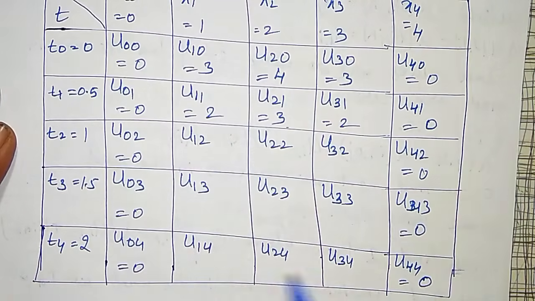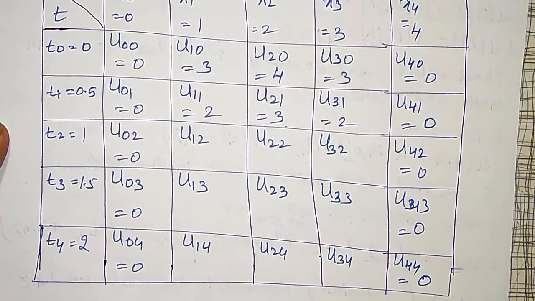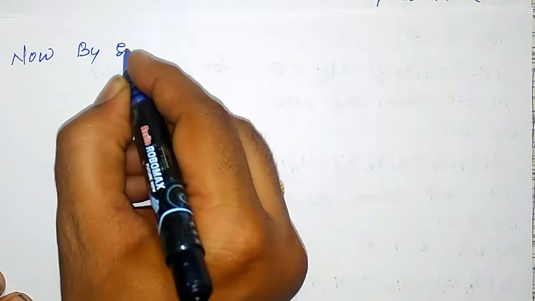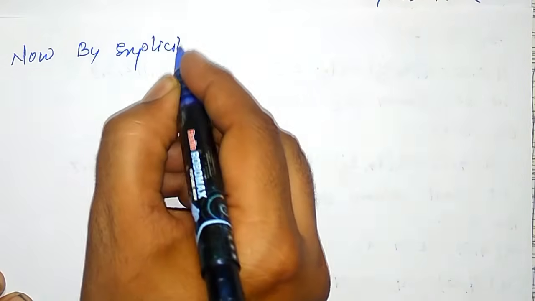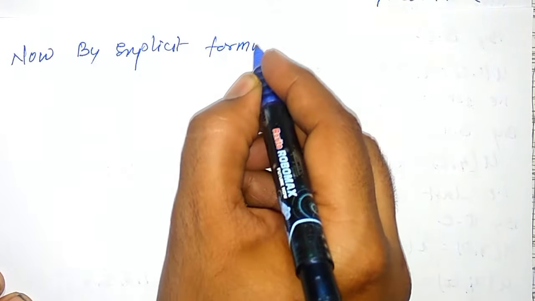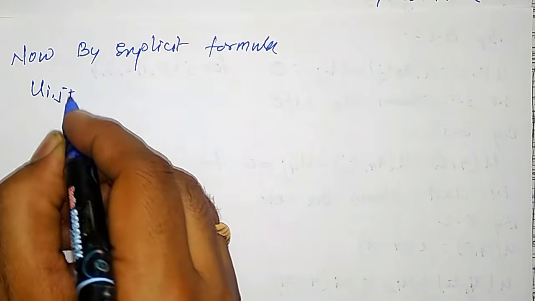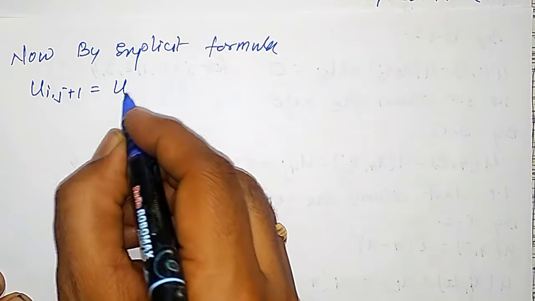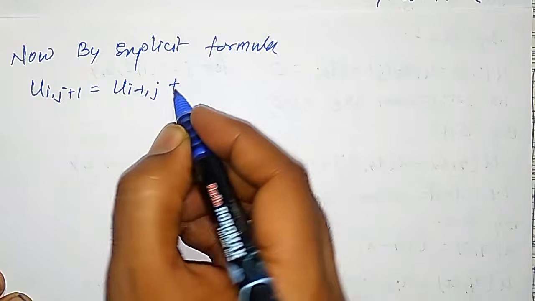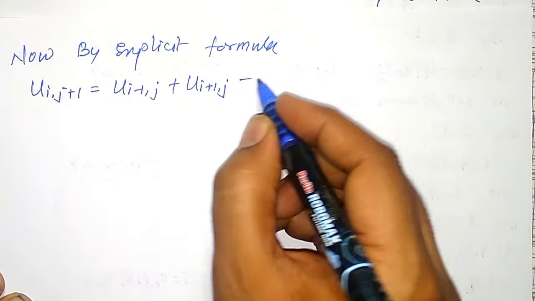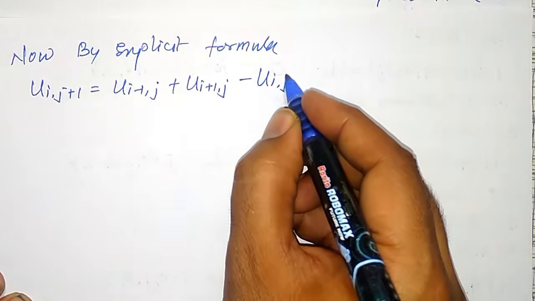Then to find out the remaining 9 elements I will use the explicit formula. Now I will come back here. By the explicit formula, that is ui comma j plus 1 is equal to ui minus 1 comma j plus ui plus 1 comma j minus ui comma j minus 1.